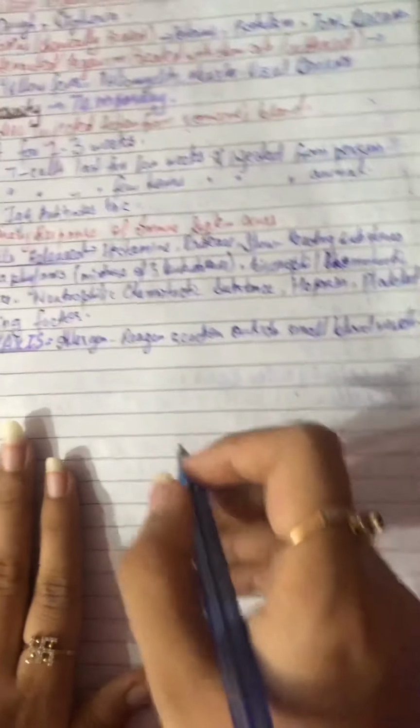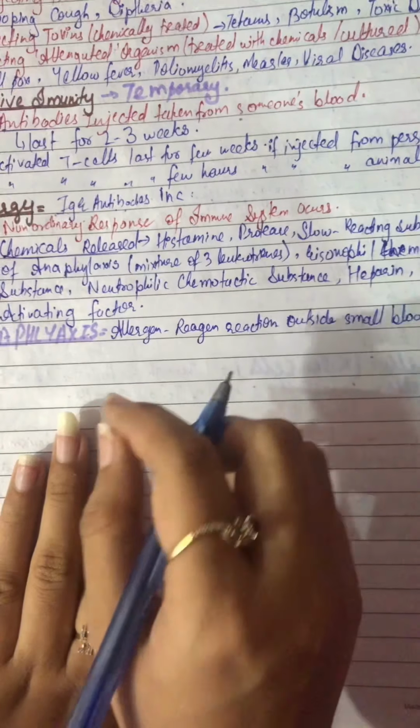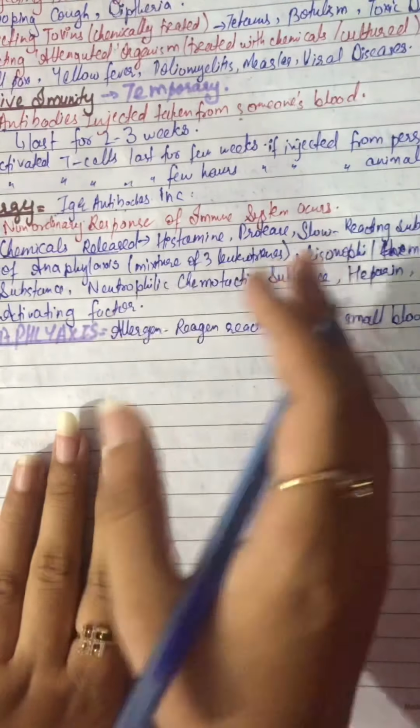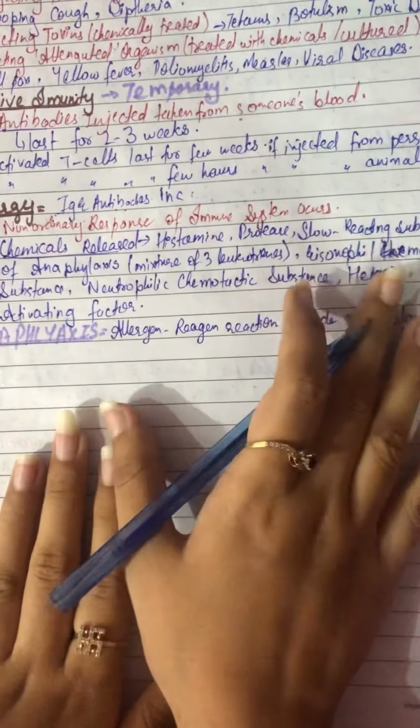Right? So the widespread allergic reaction occurs throughout the vascular system, and closely associated tissues are affected, and this is called anaphylaxis.